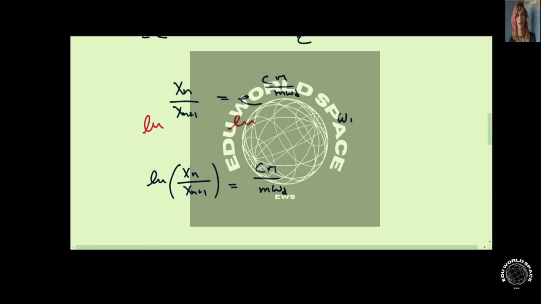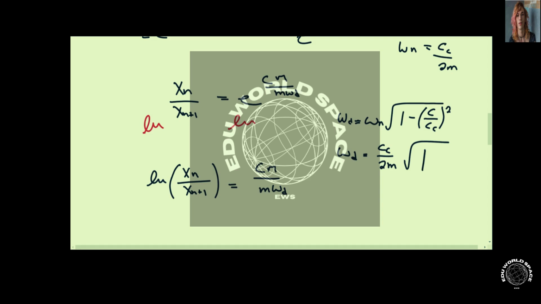Now from above, I gave at the beginning the frequency: w d equals the square root of 1 minus the damping factor squared times the natural frequency, and the damping factor equals c over 2 square root of k m.